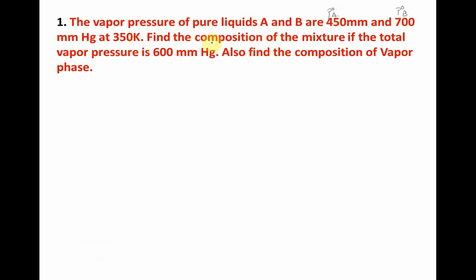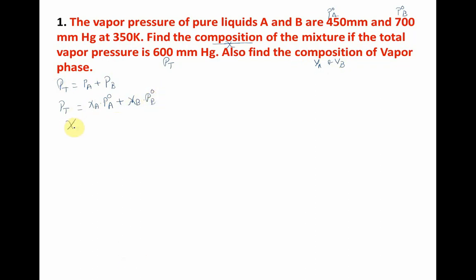First I need to find the mole fraction of A and B if P total is this much, and also calculate the mole fraction of A and B in vapor phase. We know that P total is always equal to PA plus PB, or P total is equal to mole fraction of A into P naught A plus mole fraction of B into P naught B. I'll use this concept.